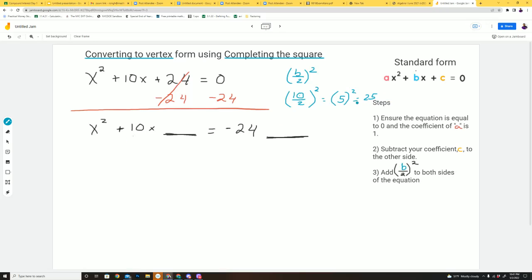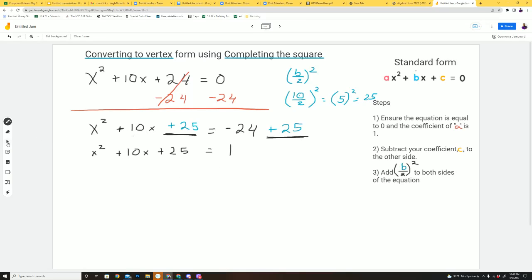So we're going to add this 25 to both sides of the equation. Now on the left side, I'm going to have x squared plus 10x plus 25, and if you simplify the right side, negative 24 plus 25 is positive 1.